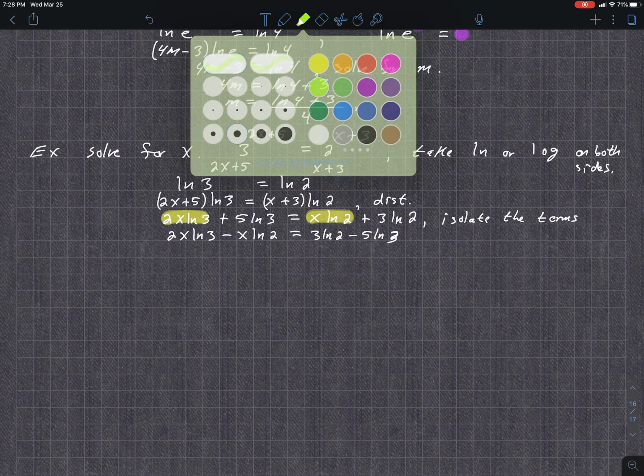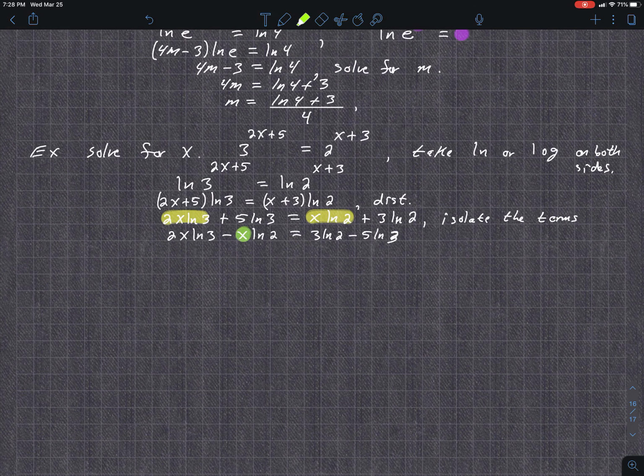Okay, so now you want to factor out your x right here. Right, and we're almost done at this point. So you factor out your x. You have 2 ln 3 minus ln 2 equal to all of that, 3 ln 2 minus 5 ln 3.